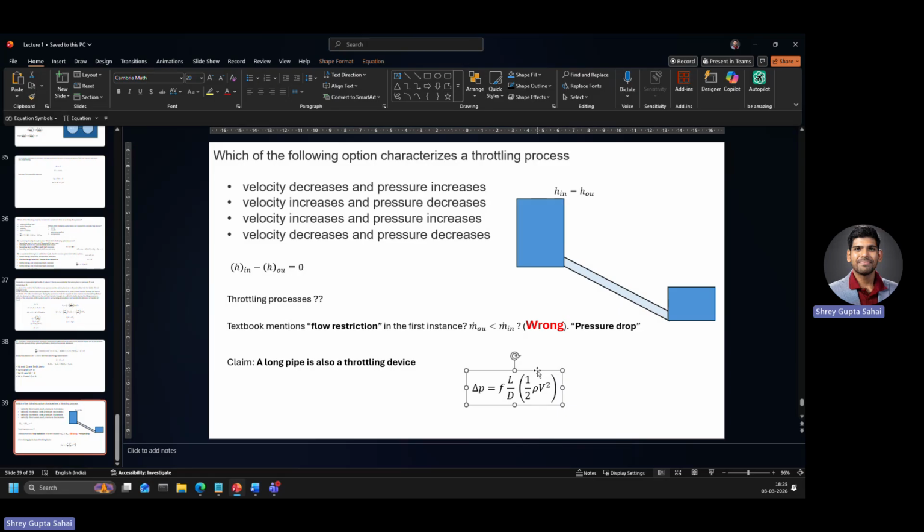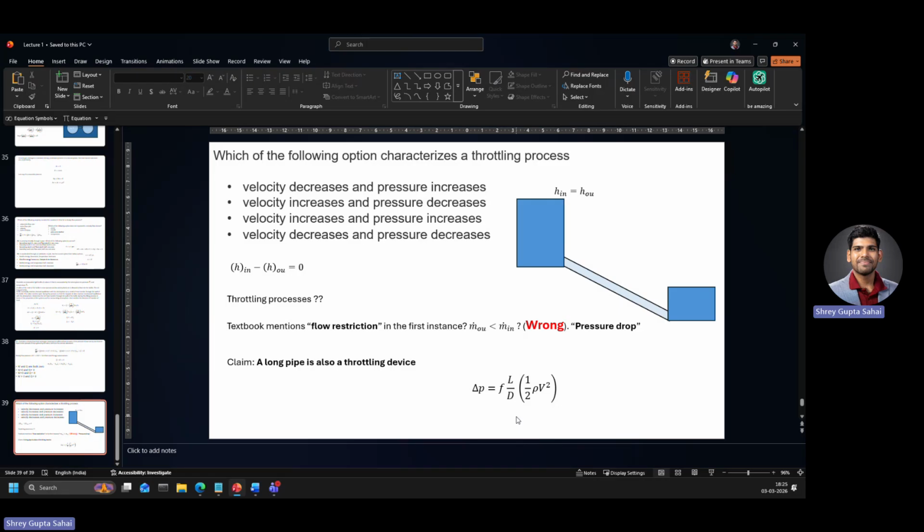Now, because of flow there will be viscous forces, and because of viscous forces there will be a pressure drop.